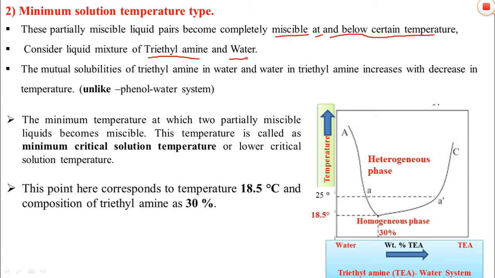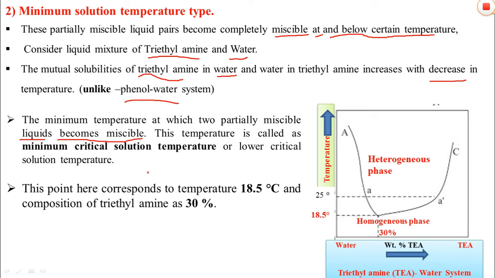the triethylamine and water system. In this system, the mutual solubility of these two liquids, triethylamine and water, in one another increases with a decrease in temperature, unlike the phenol water system. In this case, the minimum temperature at which the two partially miscible liquids become miscible is called the minimum critical solution temperature or lower critical solution temperature.